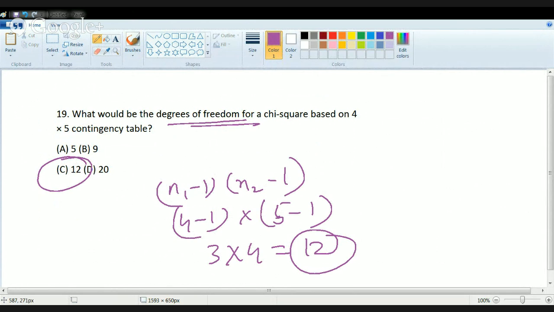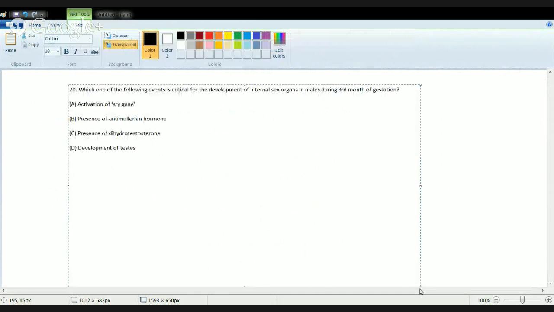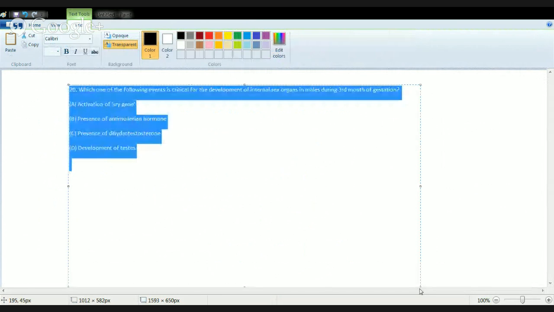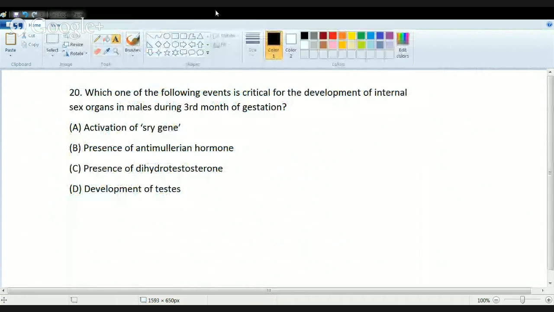Which of the following events are critical for development of the internal sex organs in males in the third month of gestation? Now, it's very important to understand here. Till the third month, you don't have any demarcation between males and females in a child.